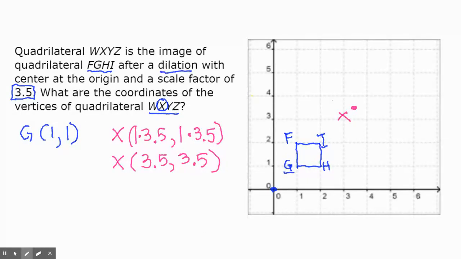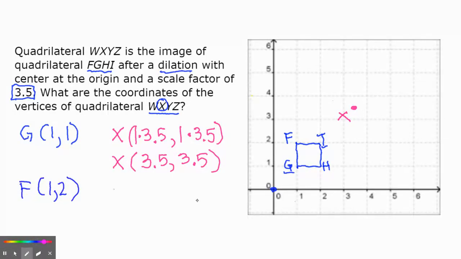Okay, when we look at F, F is at 1, 2. So when F corresponds to W, it's in the same position in the name.